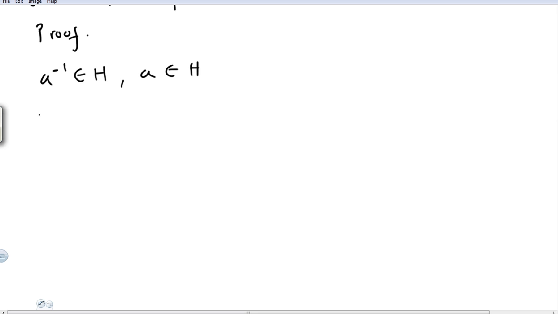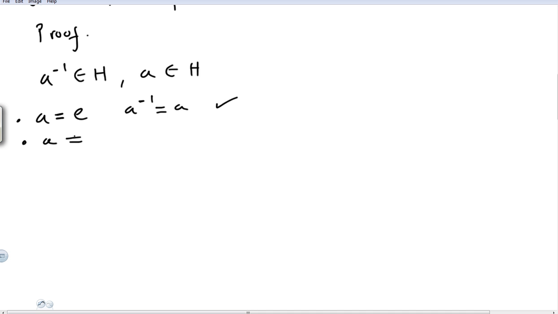Let us take A equals the identity. If A equals the identity, the inverse equals A, and it's done.